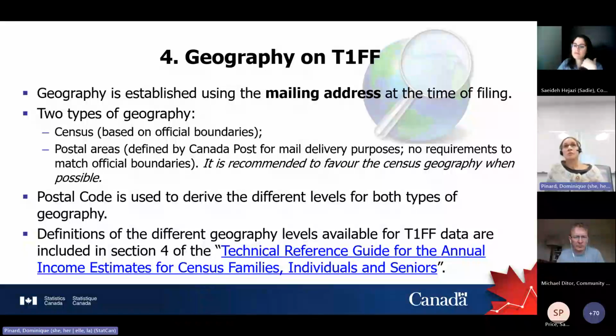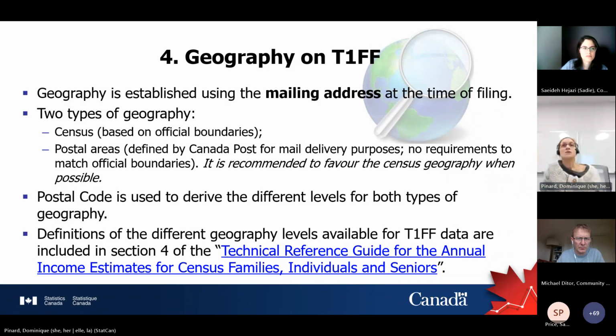From that mailing address, we're deriving 2 types of geography. The mailing address is basically composed of an actual street address and a postal code. But we don't really use the street address other than to create a postal code if we need. So we only use it to derive postal code.